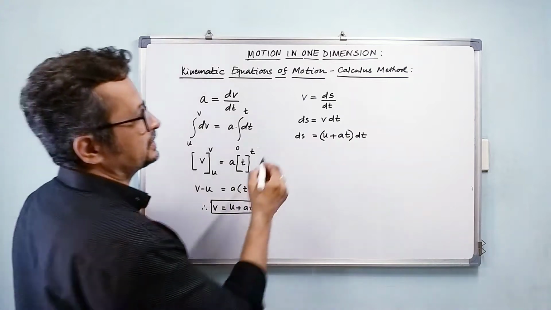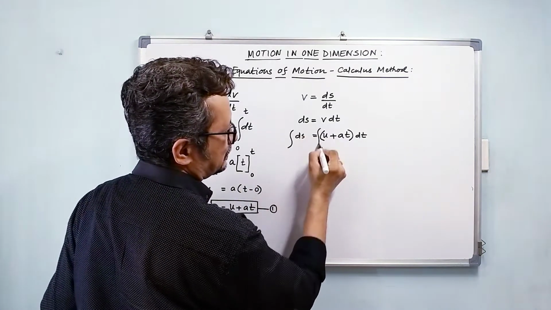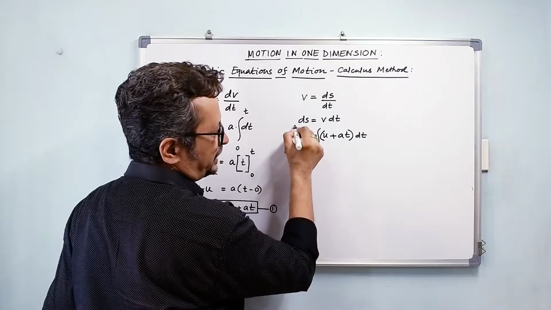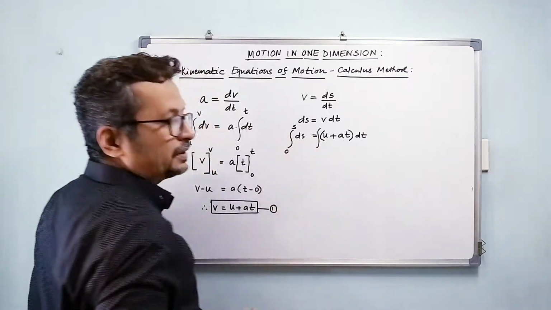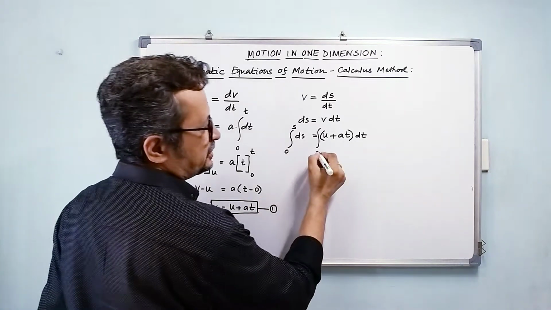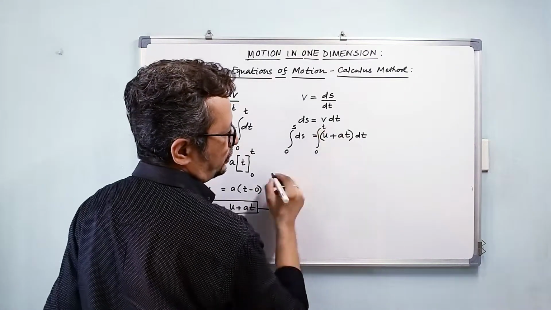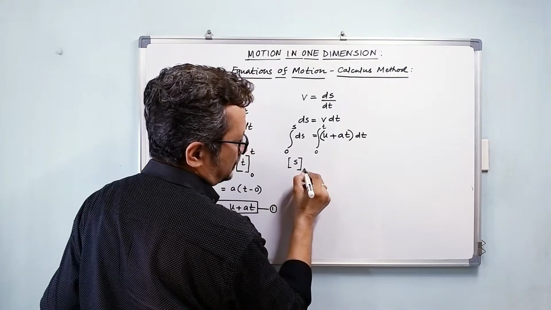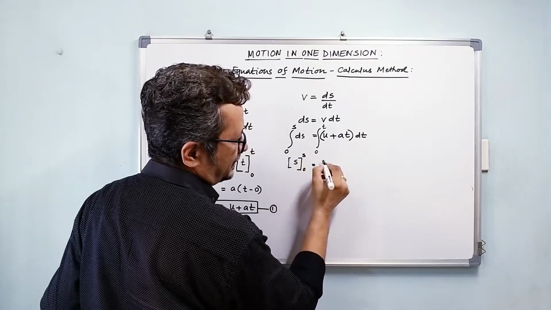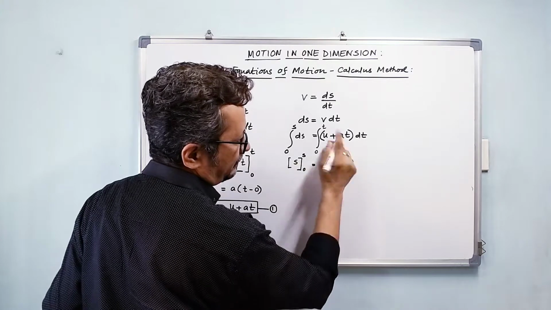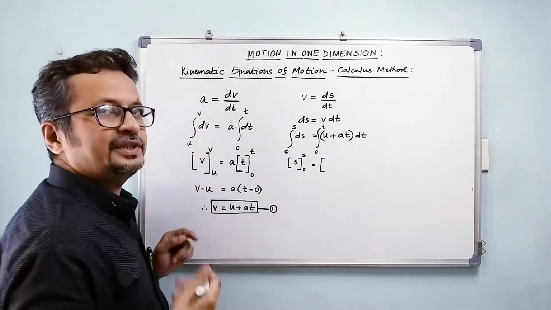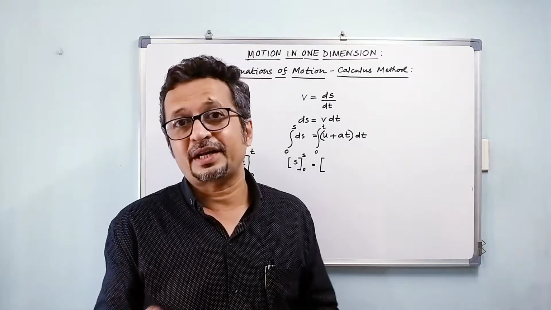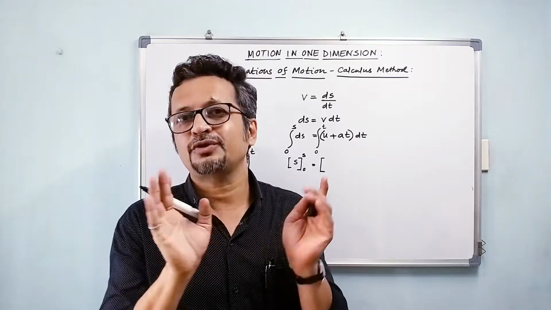Now I'll integrate. My displacement limits are 0 to s, and here what are the time limits? They are 0 to t. So this is going to be s from 0 to s, and on the right, u is constant because initial velocity is a constant value, it's not variable.